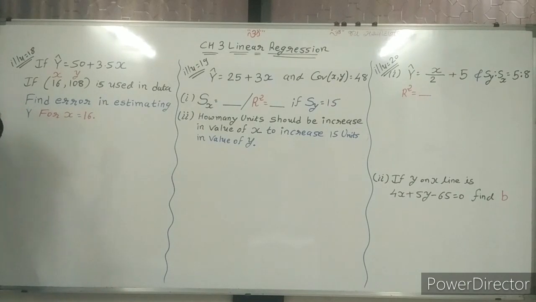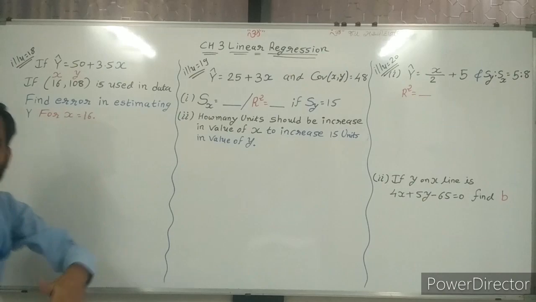Always in a bracket, whatever information is given, first is x, second is y, used in this data. This is written in short after reading the question. Now find error in estimating y for x is equal to 16.